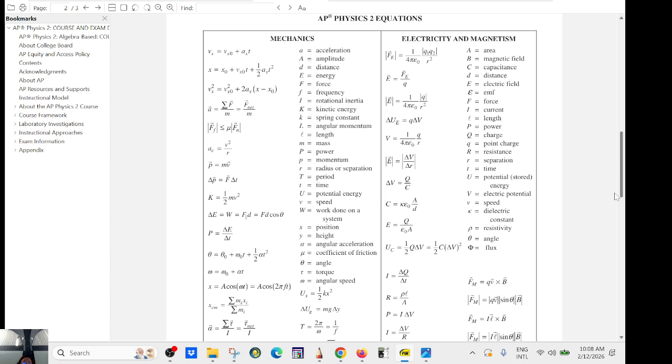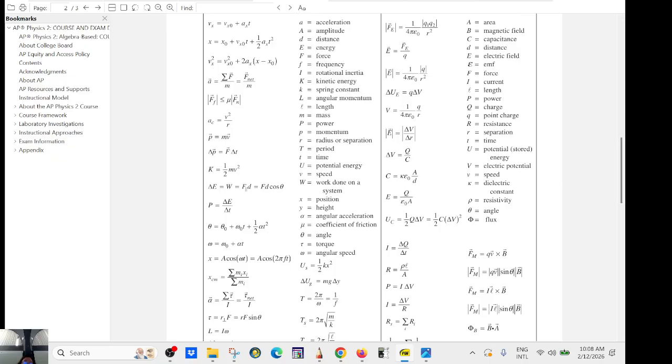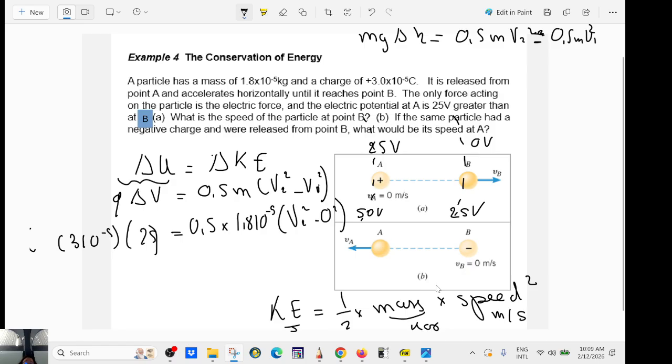Yeah, 9 point something. Do we have kinetic energy here? Yes, kinetic energy is 1/2 mass speed square. M is the mass and V is the speed. So that will be in your equation, algebra based. Okay, so the speed is about 9, if I round.